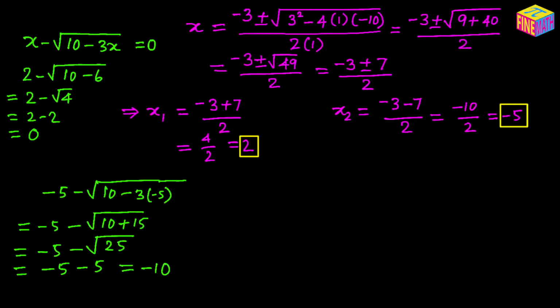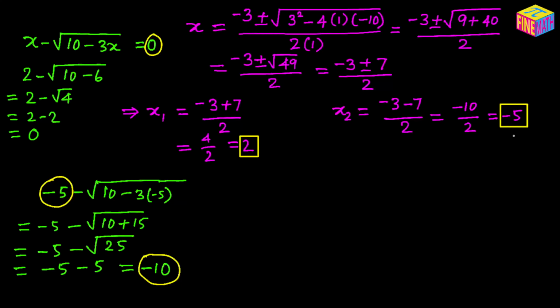So this does not satisfy the equation, because on the right hand side of the equation we have a 0. But here on the left hand side we are getting a negative 10. So this particular value for x, the negative 5, is not going to satisfy this equation. So we have to discard this particular value.